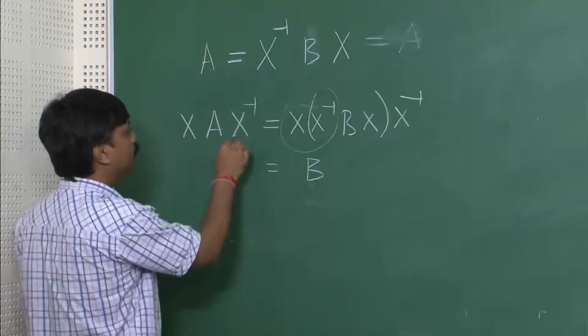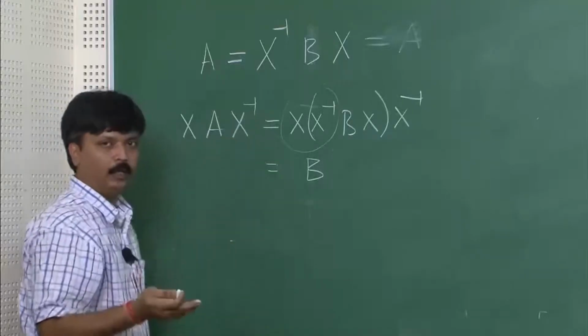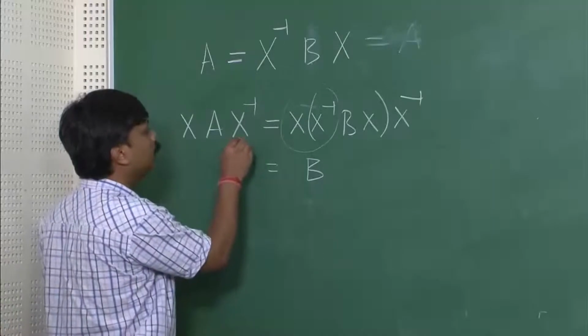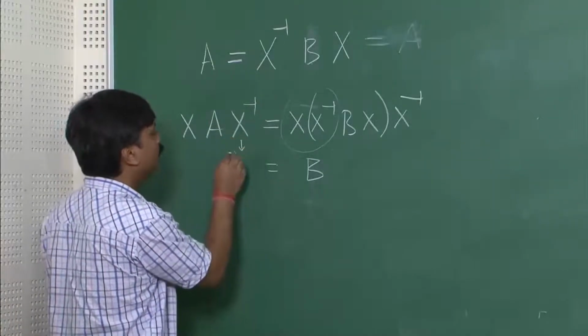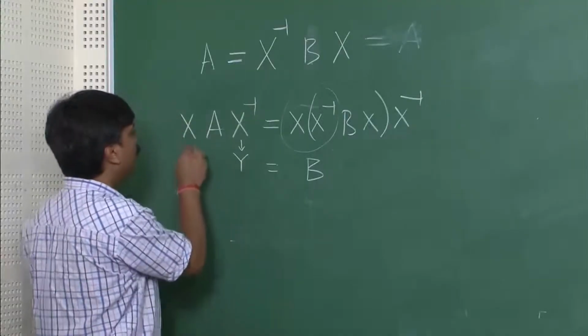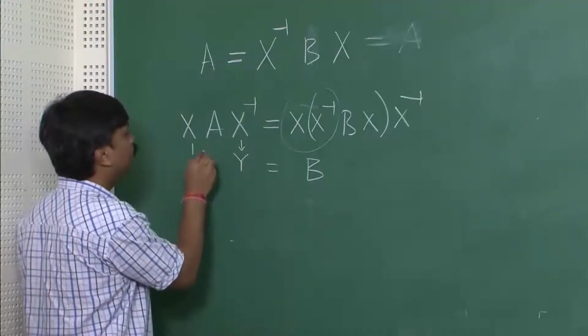Now in this group every element has its own unique inverse. So there will be some element y which is the inverse of x, correct? And therefore y inverse will be x.